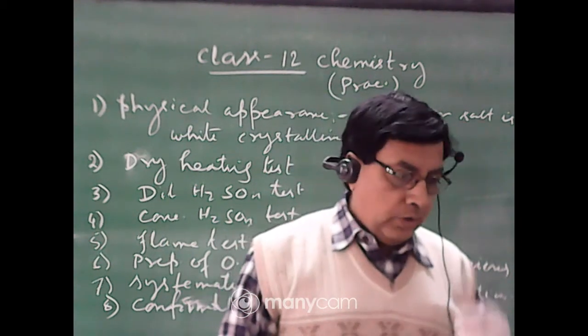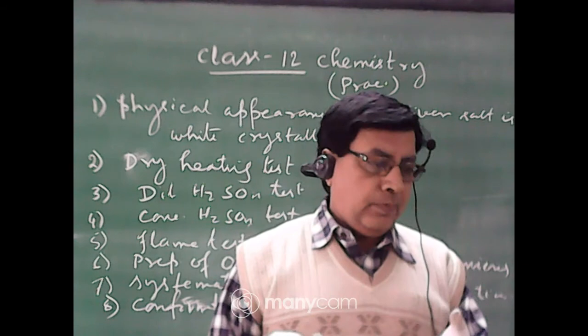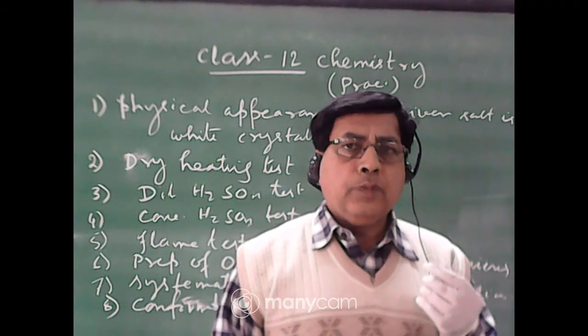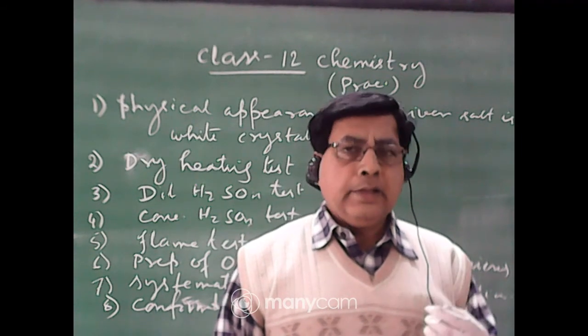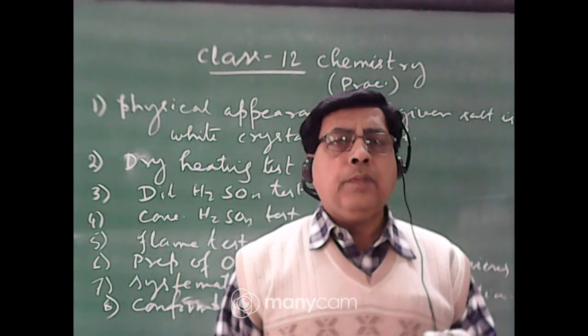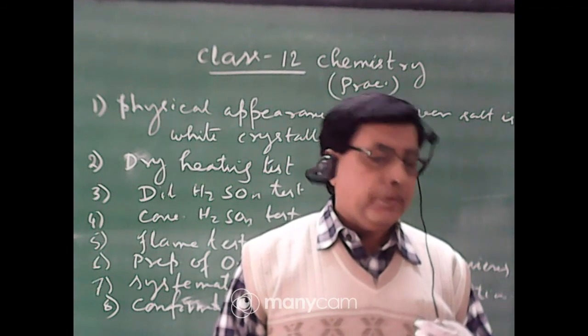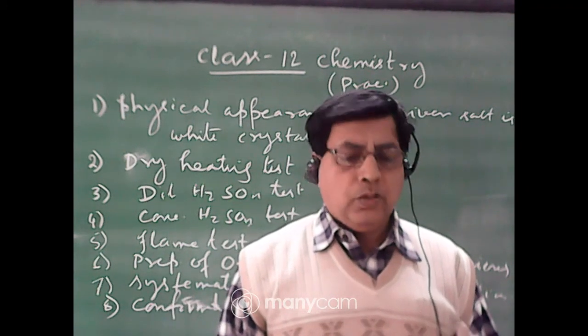You take the solid sample. I cannot show the flame here because gas is not present right now. You take the paste of the solid sample in the Bunsen flame using a platinum wire. If an apple green or grassy green flame is observed, it confirms the barium ion.